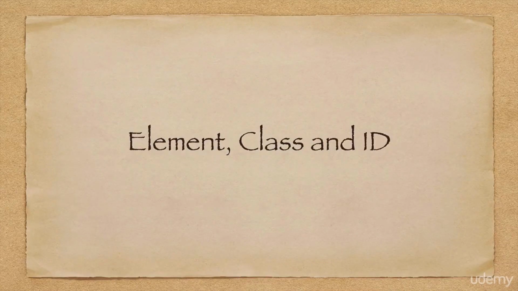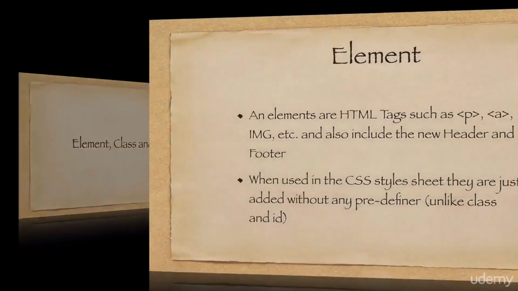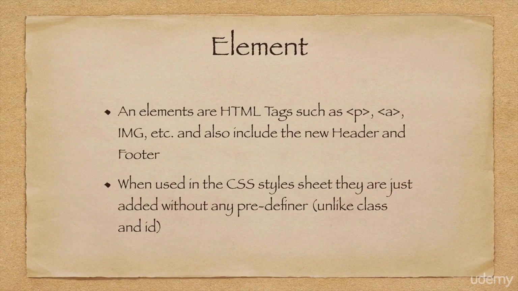So the first part of the CSS theory we're going to look at is element, class and ID. So an element of HTML are tags such as the P, the A, image, and those kind of things. And they also include the new header and footer. So these are predefined elements in the HTML.